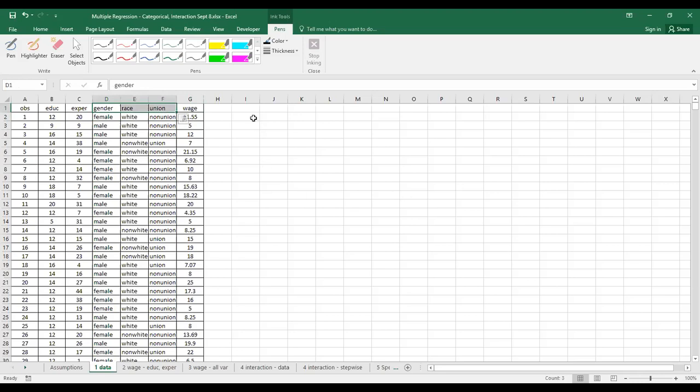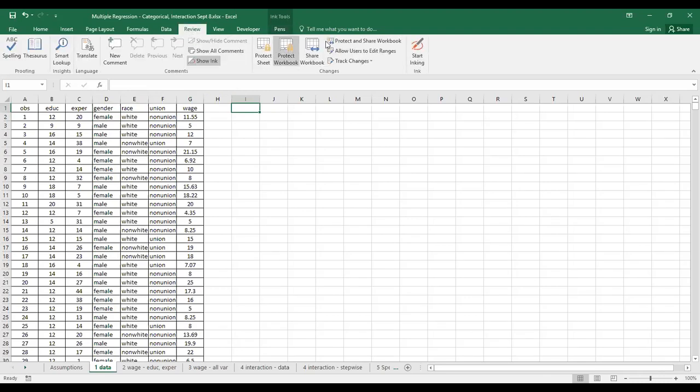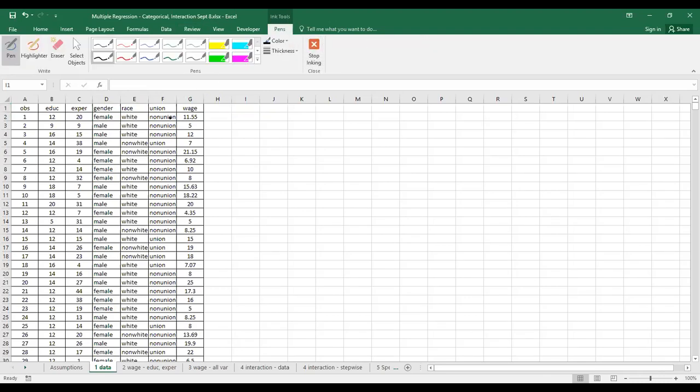So pag magre-regression tayo, di ba, meron tayong null hypothesis, di ba? Okay, ano yung mga null hypothesis natin dyan? Pag sa research na, ang tinitingnan natin, is there a relationship between education and wage? So ang null hypothesis natin dyan, B1 is equal to B2.